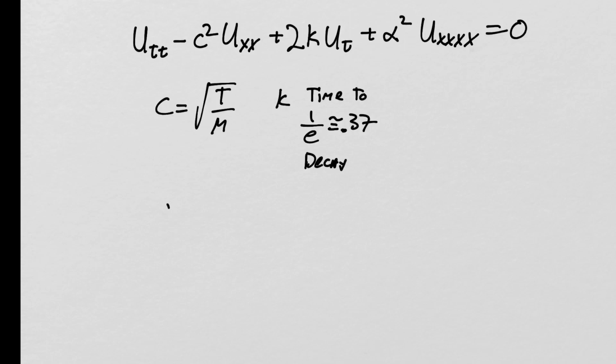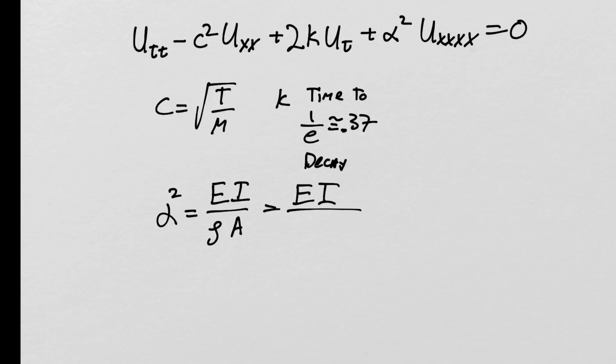And alpha squared is EI over the density of the material that makes up the string times the cross-section of the string. So we're going to break that down, right? We're just going to look at it in a different way, more guitarish.